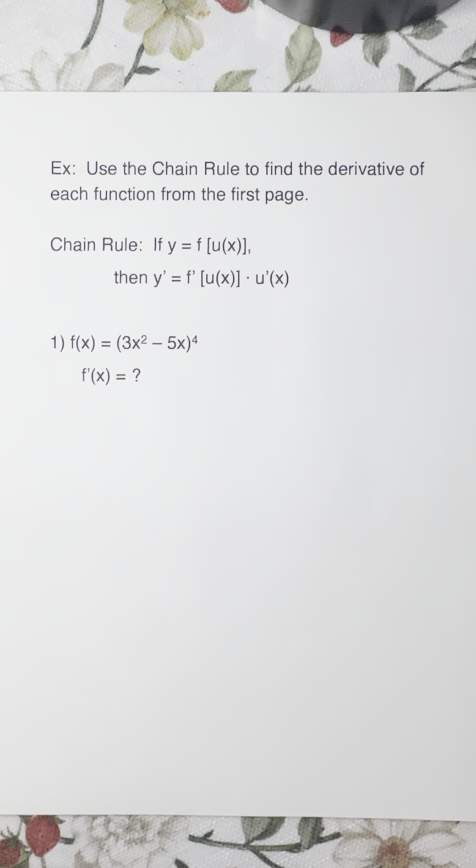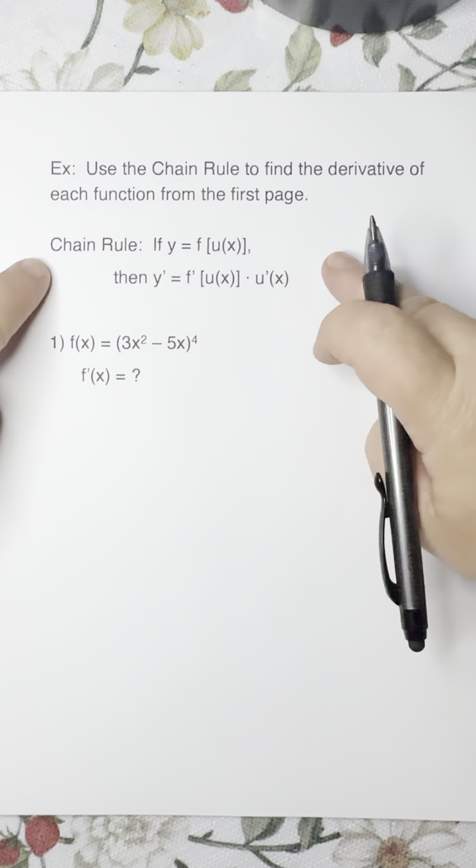the next is going to be that we use the chain rule to find the derivative of each function from the first page. And then I wrote this, which honestly, I think a lot of the rules in calculus are written in ways so that if you already understand what's going on, it's really clear and beautiful and brilliant.